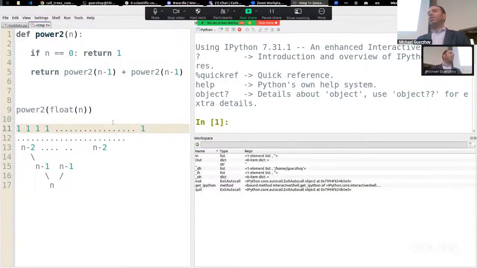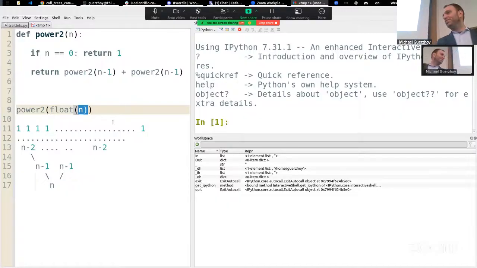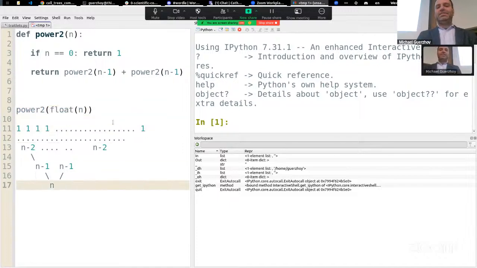We now say, okay, I make sure that each call actually takes the same amount of time. I made sure of that by making sure that I'm always operating on floats. This is why I converted this n here to a float. So float addition always takes the same amount of time, doesn't matter the magnitude. And now I'm just counting how many calls there are.